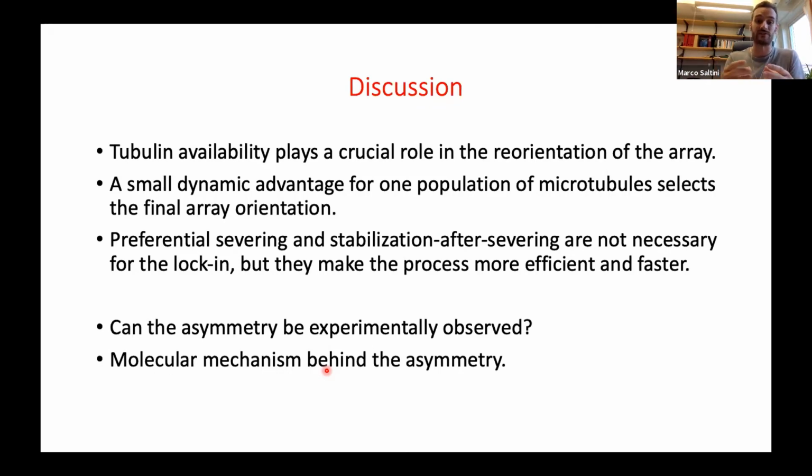So they tend to align over the lines of maximal stress, which is the transverse direction. So for the moment, we cannot really find a good explanation for this possible asymmetry.